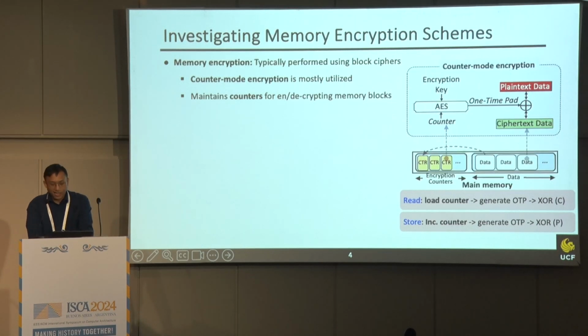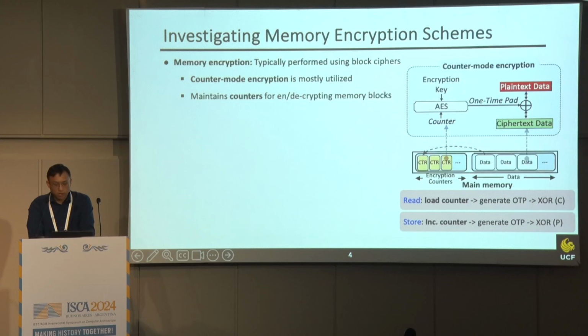This OTP is XORed with ciphertext to get the plaintext block. For data store, the counter is first incremented, and then goes through the same process for one-time pad generation and XOR operation to encrypt the data block. This is done to ensure that every write results in different ciphertext.